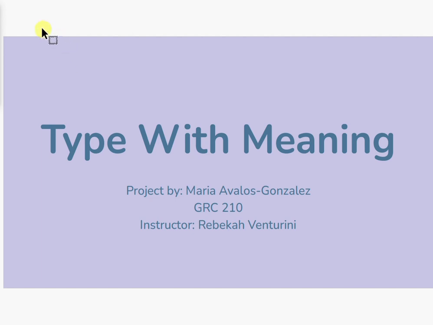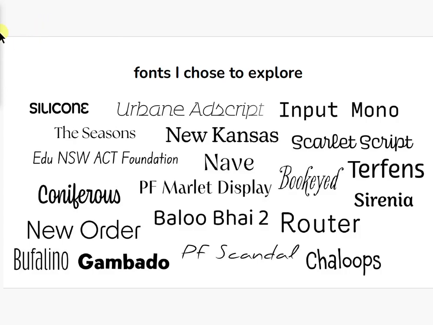And I got back to your first slide there. And then here's all the fonts you chose to explore. These are so fun. Silicone, Urban, Ad Script, Input Mono, The Seasons, New Kansas, Scarlet Script, Edu, NSW, Act Foundation, Nave, Coniferous, PF Marley Display, Book-Eyed, Turfins, Serenia, New Order, Balu Bay 2, Router, Buffalino, Gombado, PF Scandal, and Chaloops.